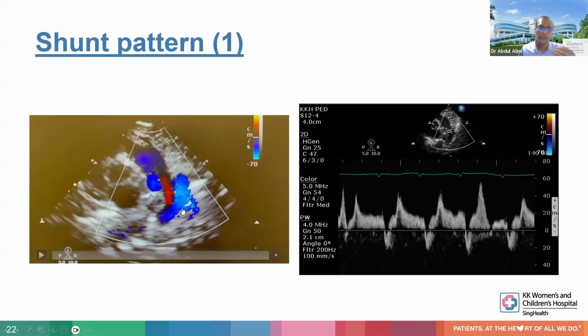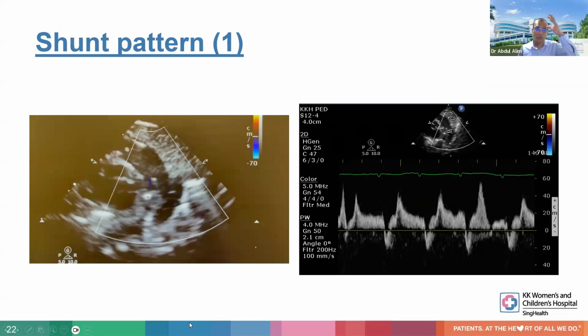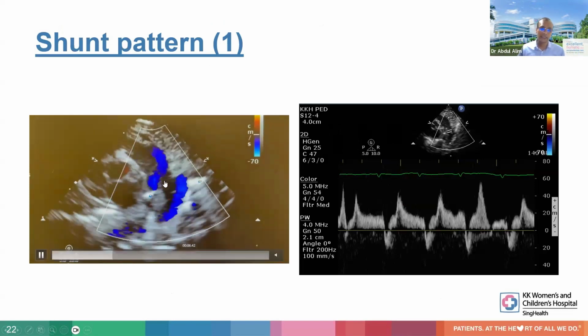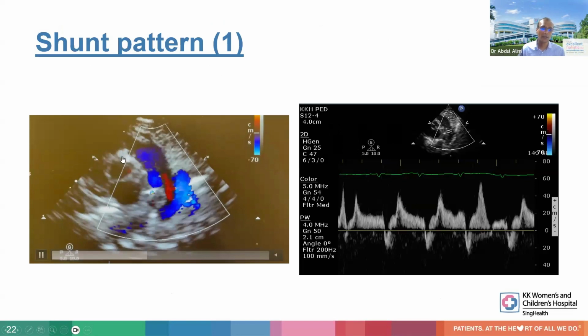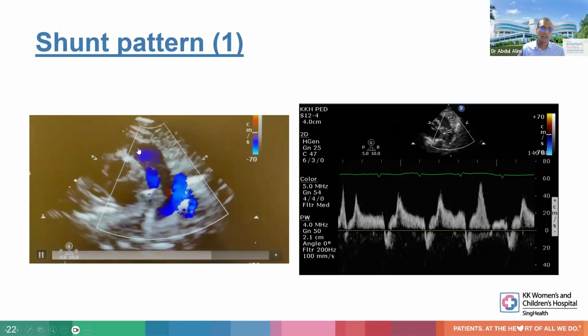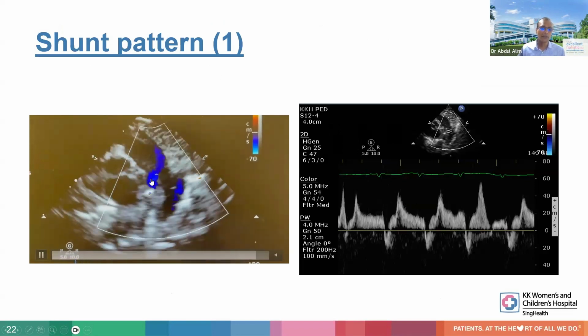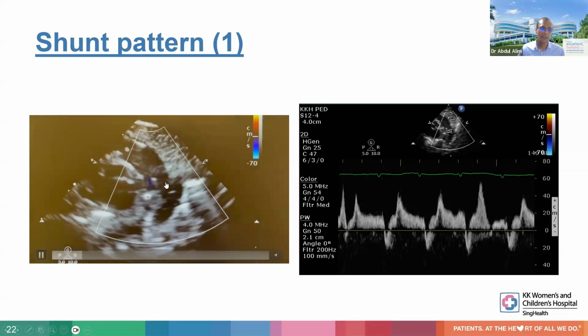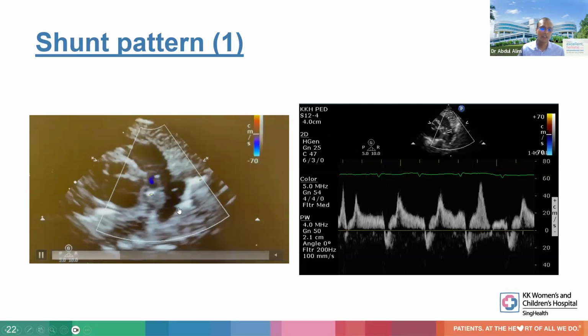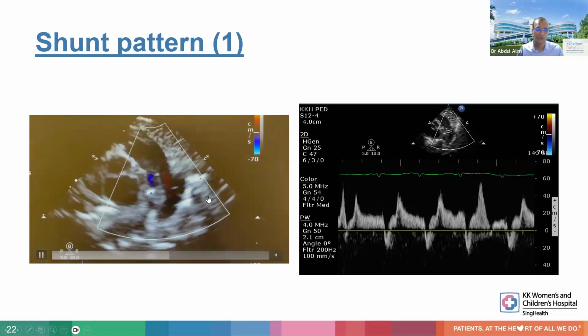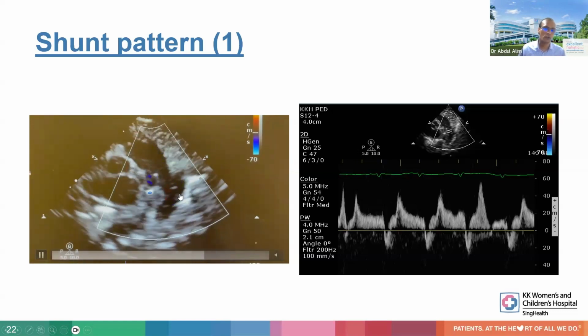The picture I showed earlier, where I said the low velocity flow, is the same patient. In the ductal cut, we can see the aorta, pulmonary artery, and the left pulmonary artery, and then the PDA here, where you can see an intermittent red color flow, which means a low velocity flow.